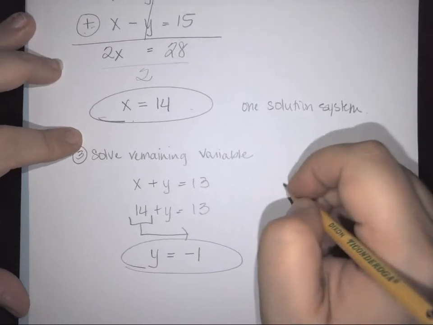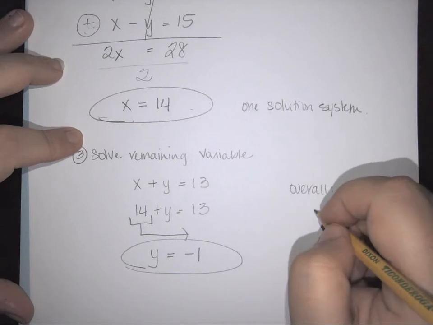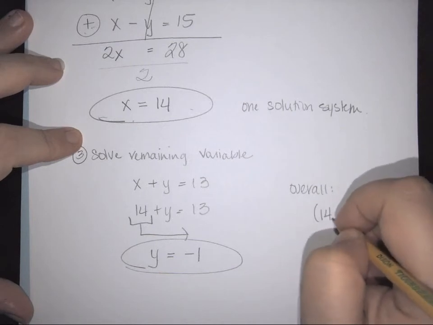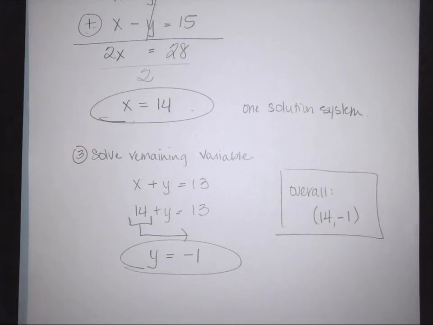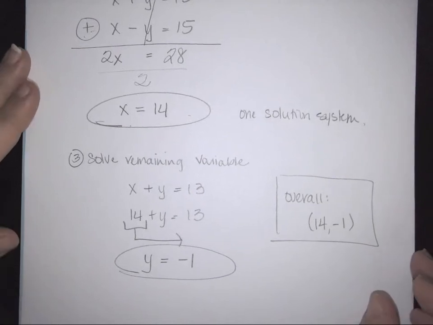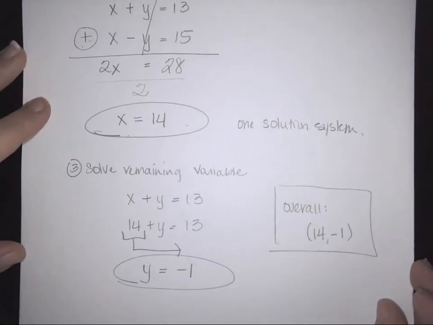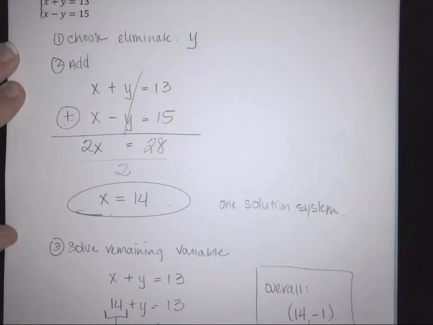So this means overall I have the solution 14, negative 1. And this is my total answer. Now obviously this is a one solution system, so that means the other thing that we could do if you were asked would be to classify your solutions. But there you have it.